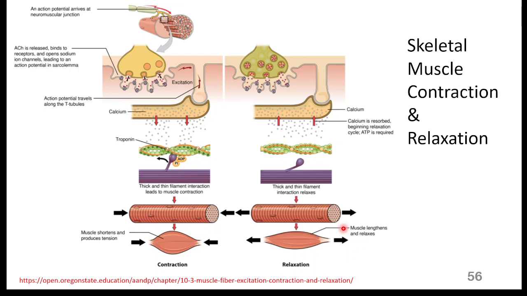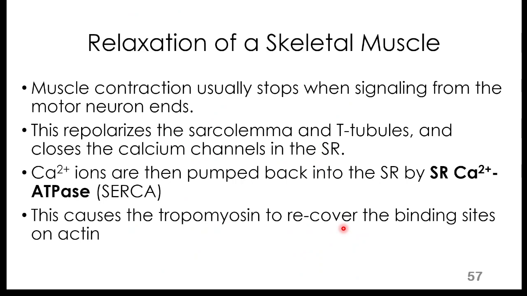Calcium binds to troponin, cross bridges form between actin and myosin, and so on. Now let's talk about what happens during relaxation. Usually muscle contraction stops when signaling from the motor neuron ends.